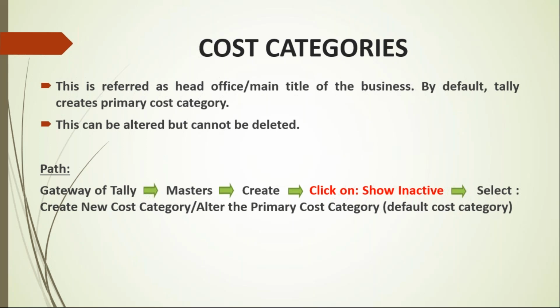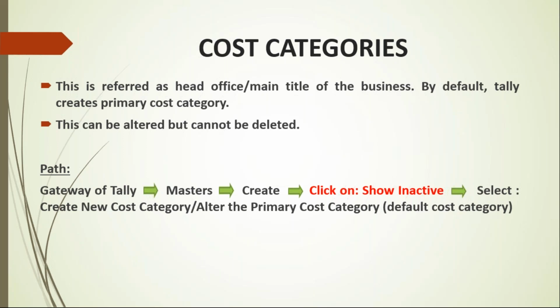Now, in the previous sessions, I had shown you the default ledgers which appear in Tally. Which are the two default ledgers which appear in Tally? Cash and profit and loss. Very good. Same principle applies: can be altered but cannot be deleted.